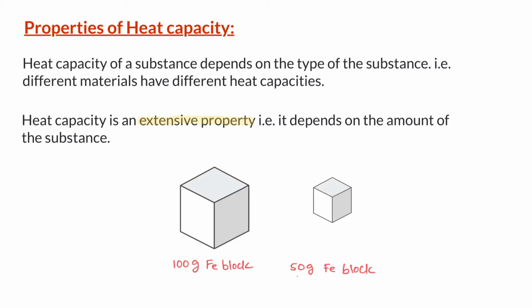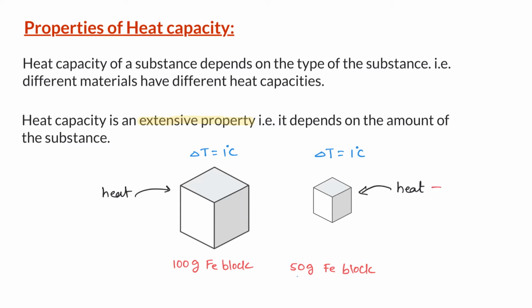For example, we have two iron blocks. One is 100 grams and the second one is 50 grams. We want to increase the temperature of both these iron blocks by 1 degree Celsius. So we need to add heat to these blocks.